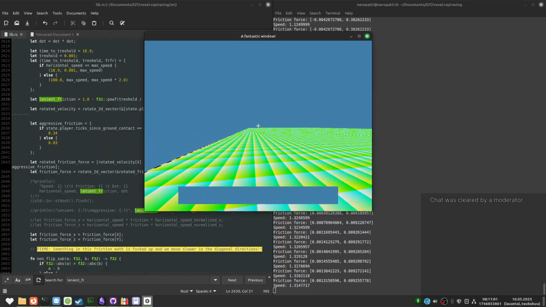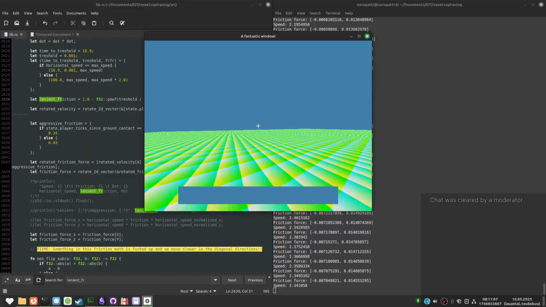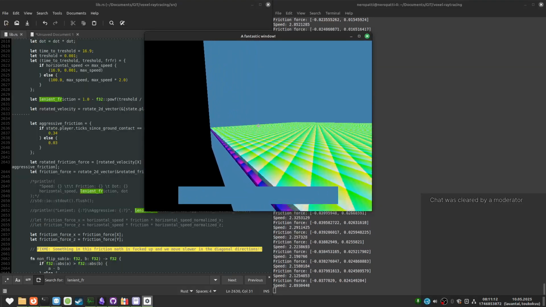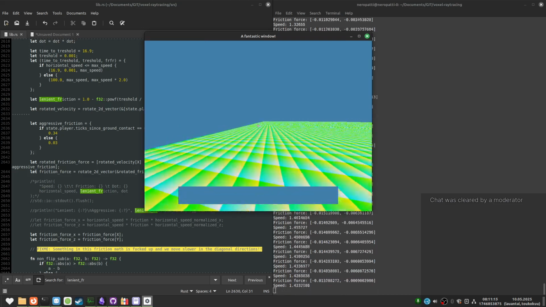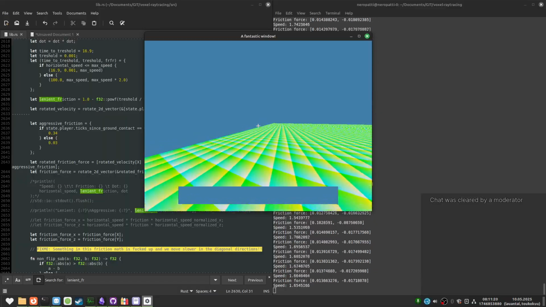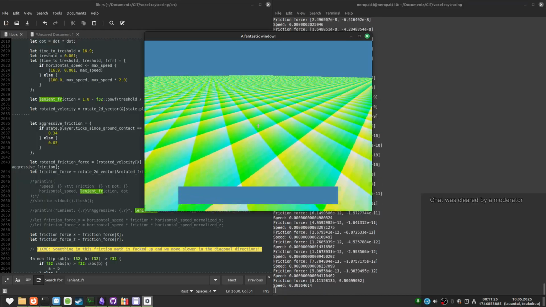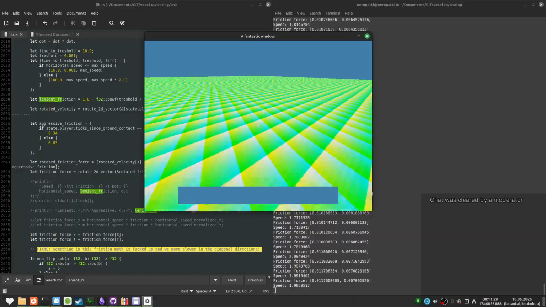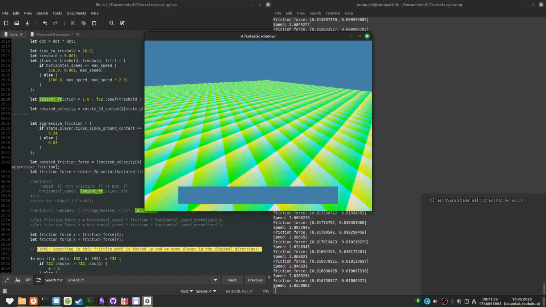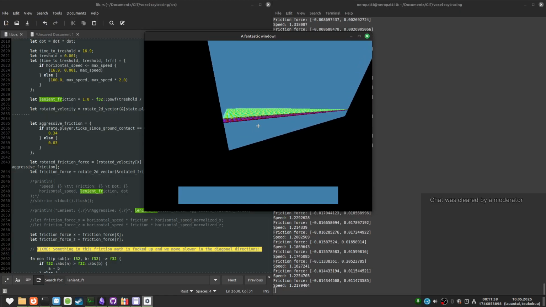And it's probably not tied to axes, so I can do this. Or is it? Is it actually tied to the axes? Go like this, kind of an angle. It feels okay there.